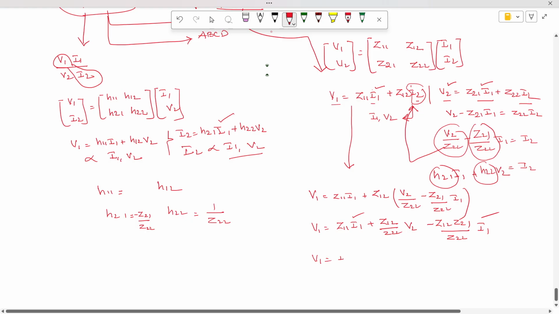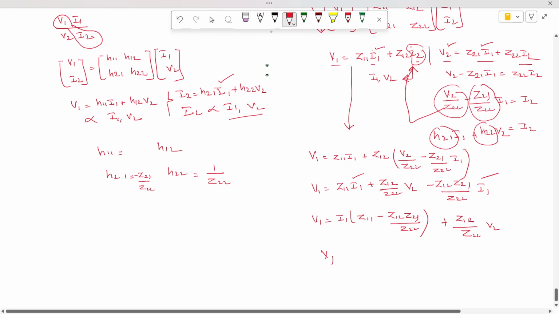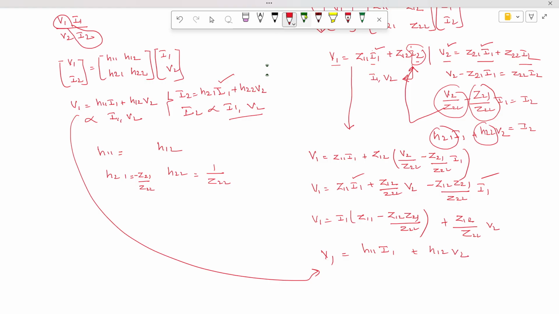When I1 is a common term, we get Z11 minus Z12 Z21 divided by Z22, plus Z12 divided by Z22 times V2. So when you compare with the standard equation, V1 is equal to H11 I1 plus H12 V2.